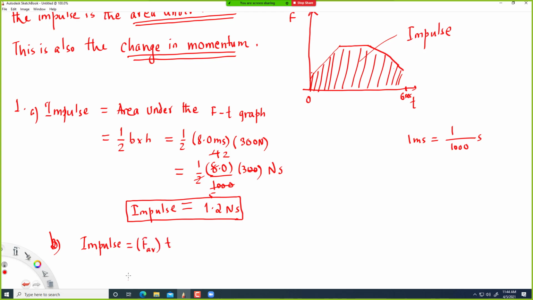And here we are finding average force to be impulse over time. Impulse is 1.2 Newton second, and then time is 8 milliseconds. So 1.2, 8 millisecond is 0.008. So that will give you the same force, the highest force.